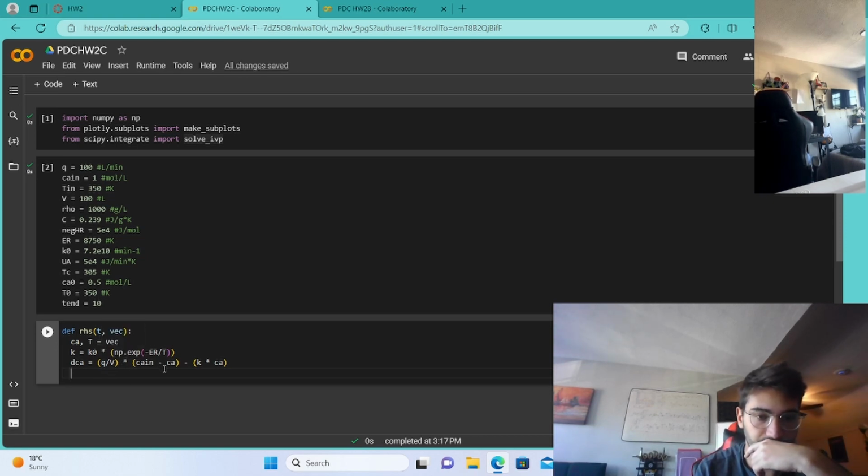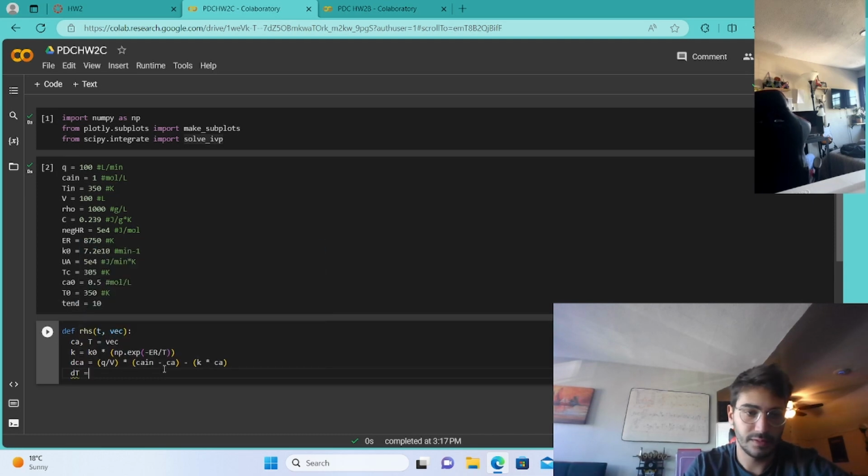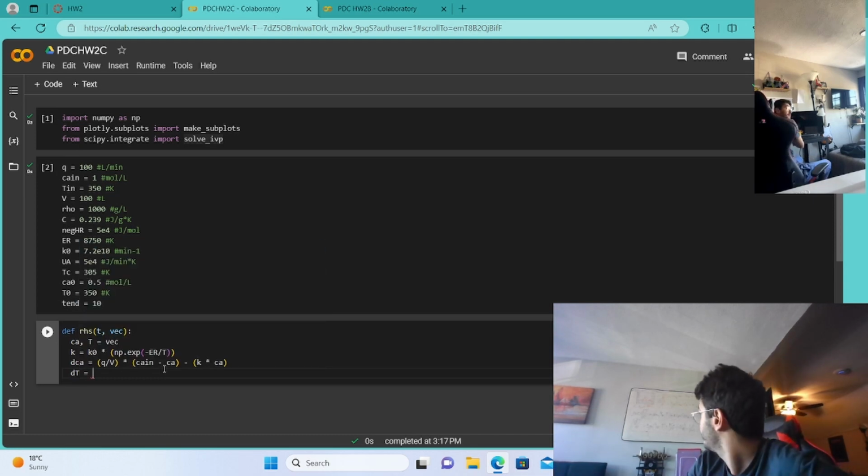And then we have our equation for dCA, Q divided by V multiplied. Okay, so now we can do dT. This one's a little bit more tricky.